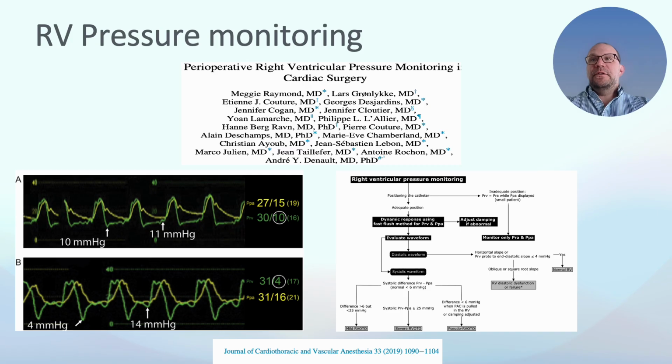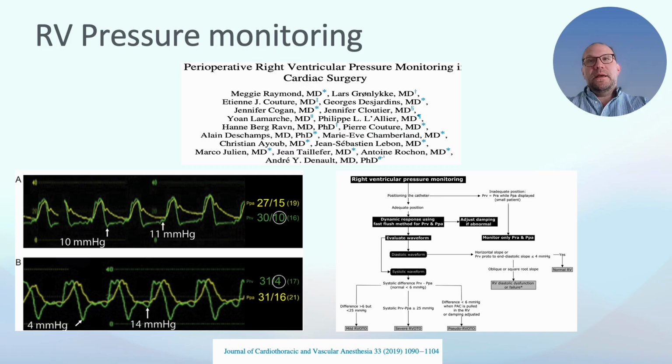So after you get through there, you have your PRV, so your RV pressure, and your PPA, so systolic pressure. And you're going to be looking at the waveform in your diastolic waveform. So where those numbers are 10 millimeters of mercury and 11 millimeters of mercury in A, versus 4 millimeters of mercury versus 14 millimeters of mercury in B.